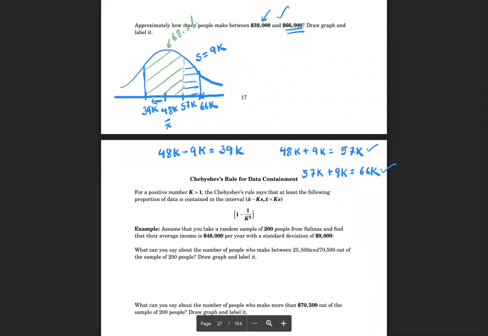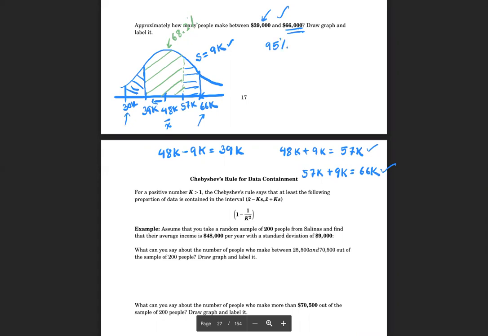Instead of 39, we go one down, 39 minus 9, which is going to be 30K, right? If we move 2, then we will have also these two blue shaded regions. If you move 2 to the right to 66 and 2 to the left to 30, you will be including 95% of the total data.